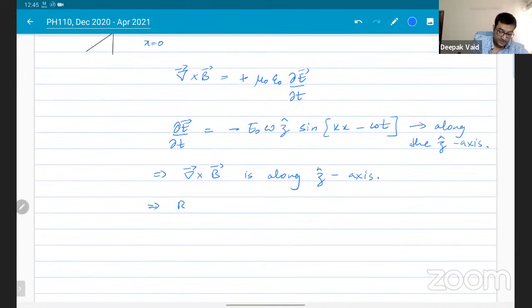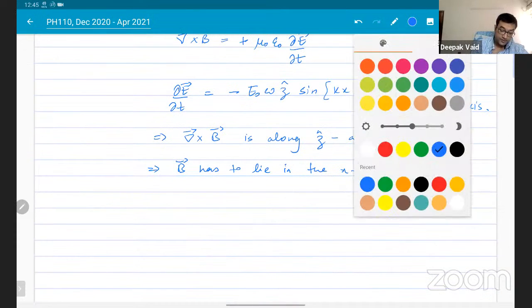Which implies that B has to lie in the XY plane, right?